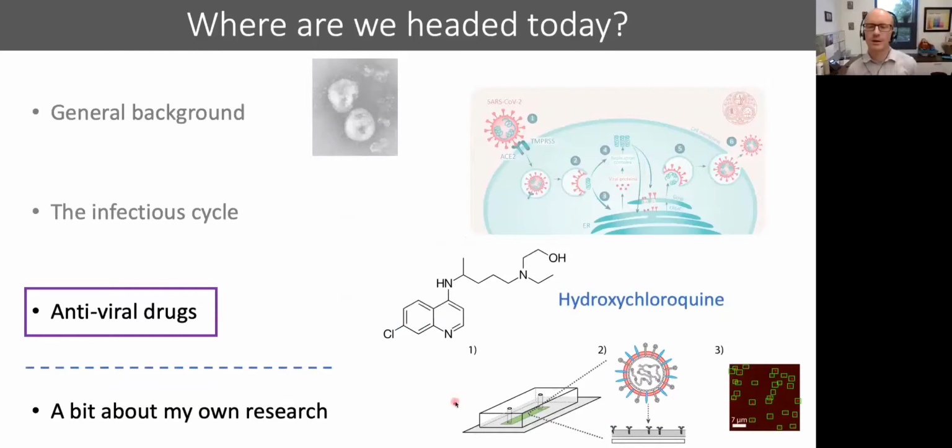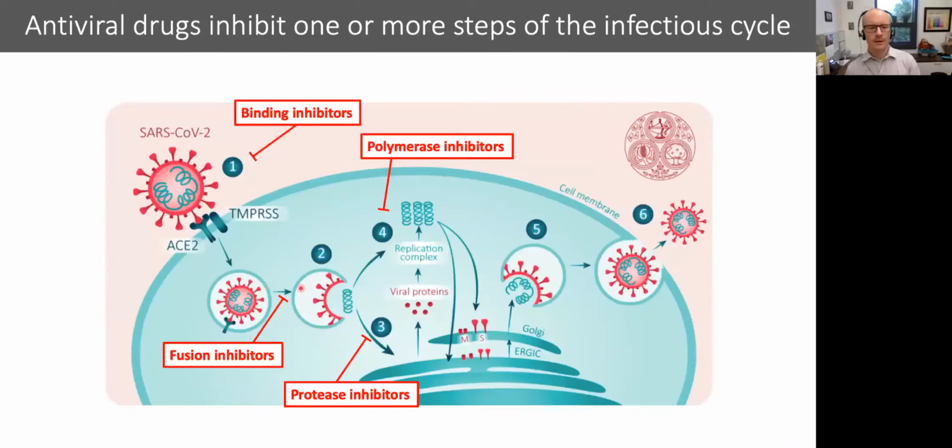Let me talk briefly about antiviral drugs and how they work. The high-level idea here is actually pretty simple. Basically, antiviral drugs are molecules that block one or more steps of the infectious cycle. And this is one of the reasons why understanding the infectious cycle is extremely useful, because it gives us possible targets for drugs or therapy.